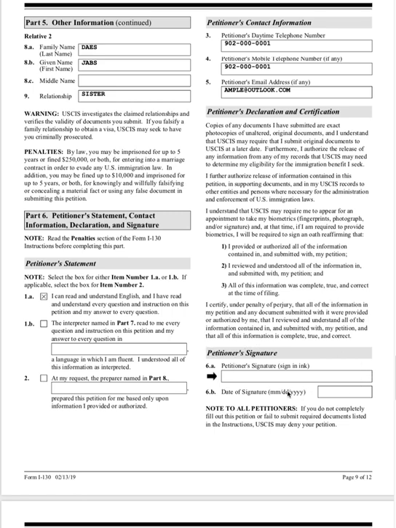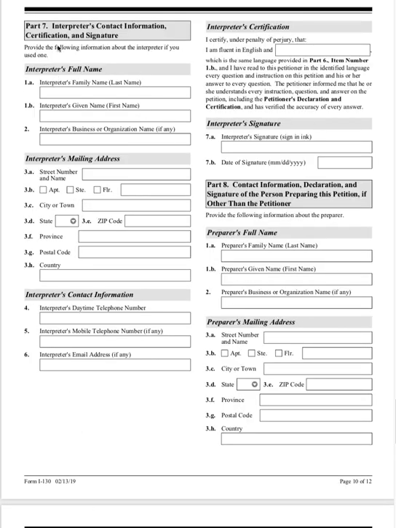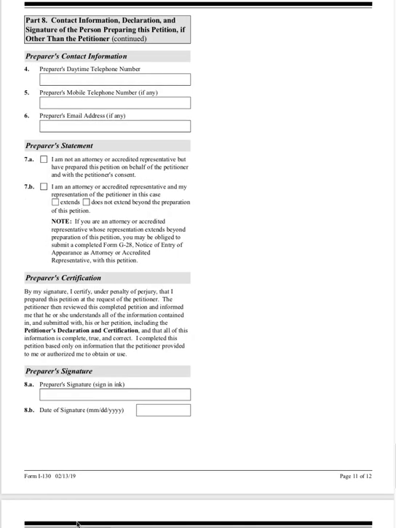If you're filling the form by yourself, do not forget to sign it here with a pen in 6A. If you use an interpreter, fill up part 7. And if someone prepared the document for you, then fill up part 8, and do not forget to take their signature as well.